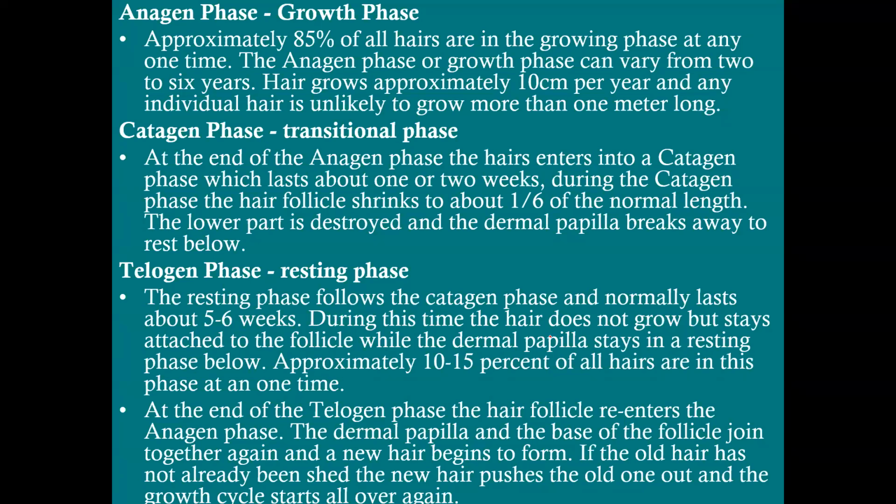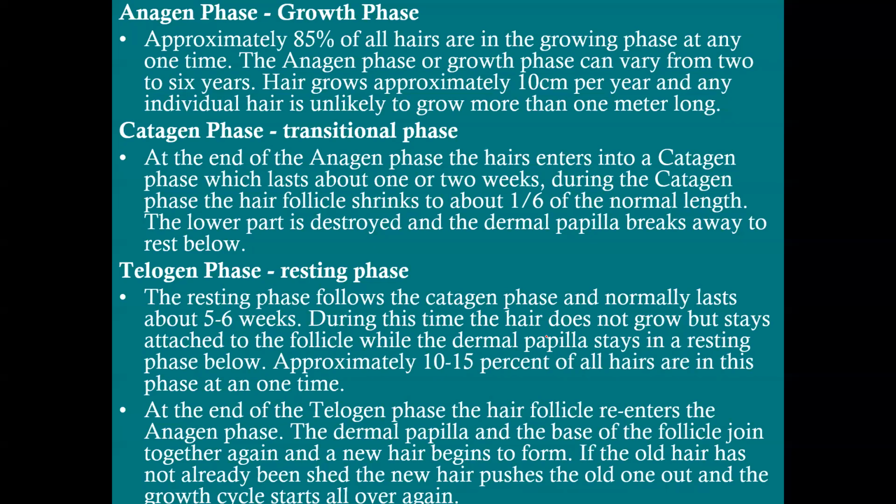85% of it. And then once it stops growing, that's like your eyebrow hairs, they get to a certain length and then they stop. And then eventually they fall out and you replace them, okay? All right, so 85% of the hairs are in the growth phase at a given time, and it can last, as it mentions here, up to 6 years in this case, and hair grows about 10 centimeters per year.